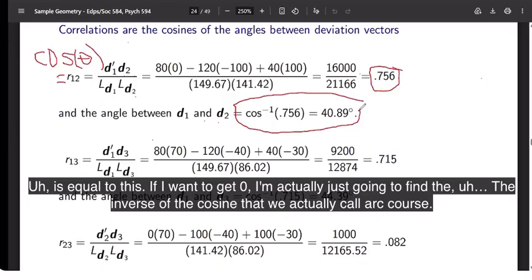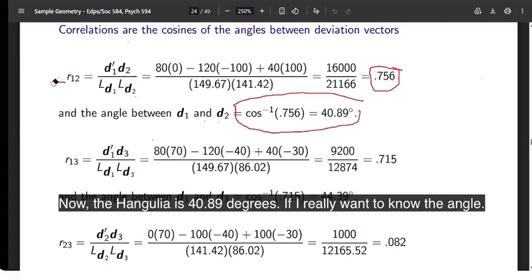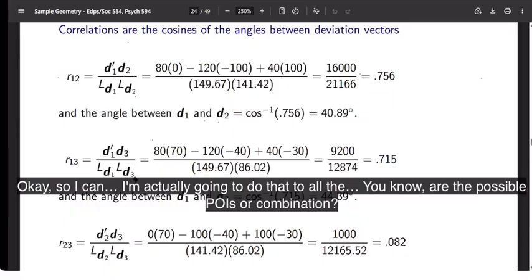Now the angle here is 40.89 degrees. I'm going to do that for all the possible pairwise combinations.